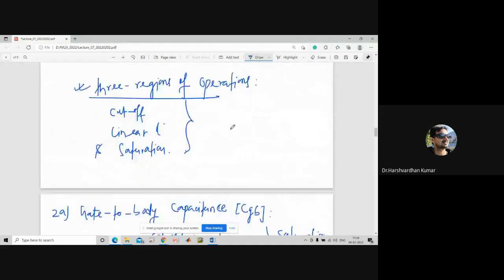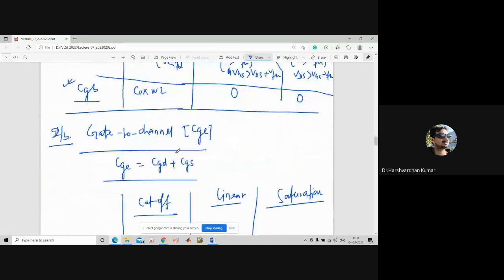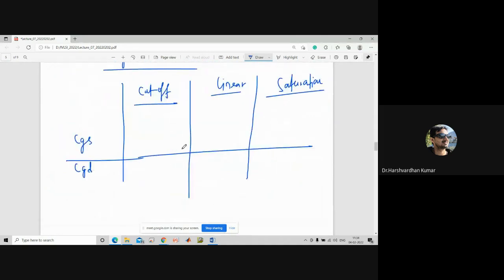What will happen in the case of the cutoff region? What will be the value of gate to drain? 0, right? Because there is no channel formed under the cutoff region. So the value of gate to drain, or gate to source capacitance, will be 0 under cutoff. That is very good.